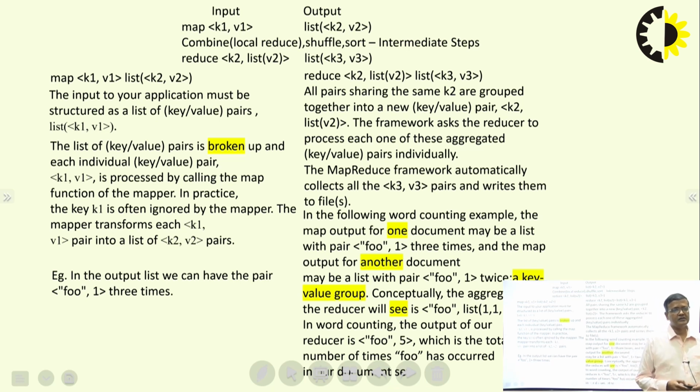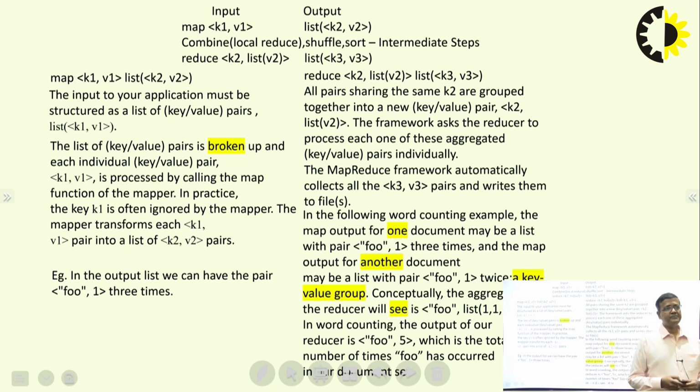In the input map we have key value pairs, and the output of the map function is a list of key value pairs, and the input to the reduce function is a pair of key and a list of values corresponding to the same key, and then we get a list of key value pairs as the output of the reduce function.